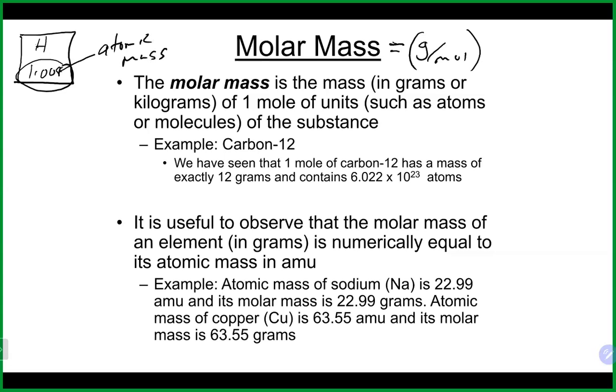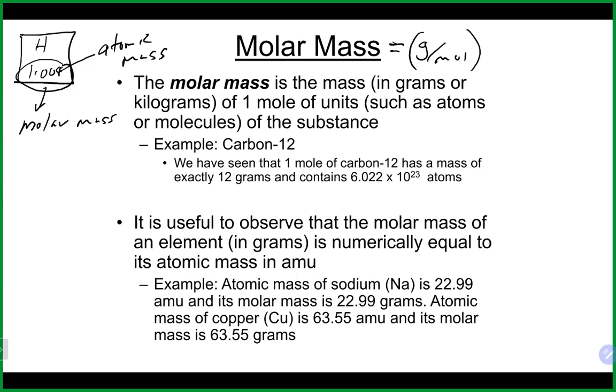By isotopes and all that good stuff. And sometimes that is given in AMU, which is atomic mass unit. But if you've ever used a balance, you don't see AMU on your balance, you see grams. So a more convenient use of those numbers on the periodic table is to convert them to molar mass. And we do it basically the same way.